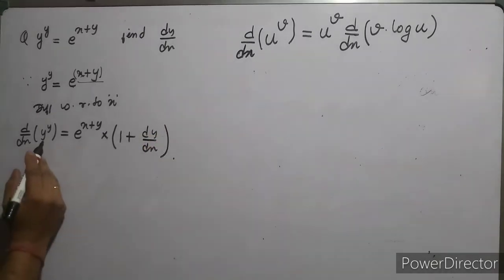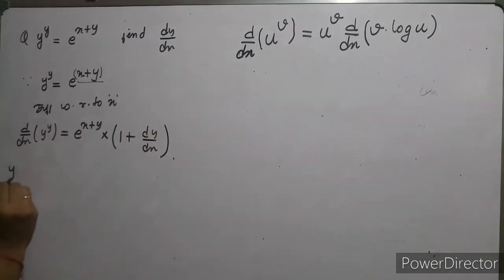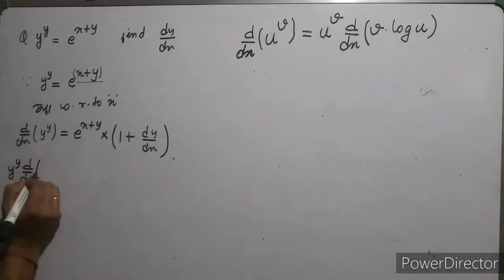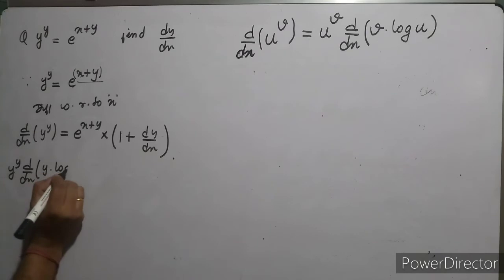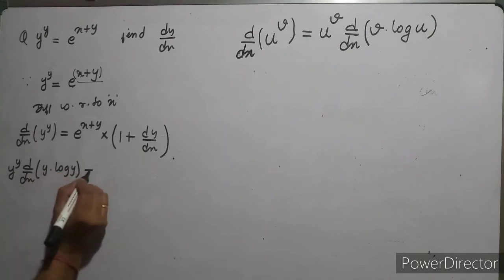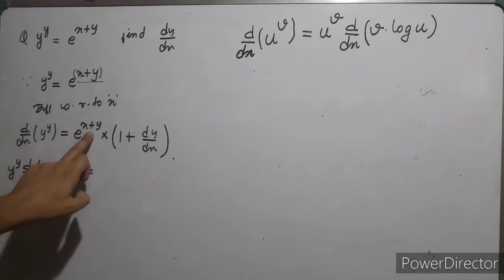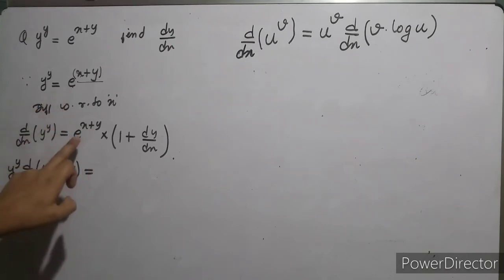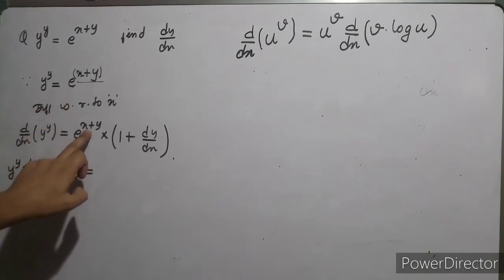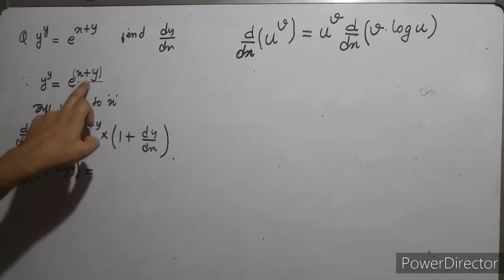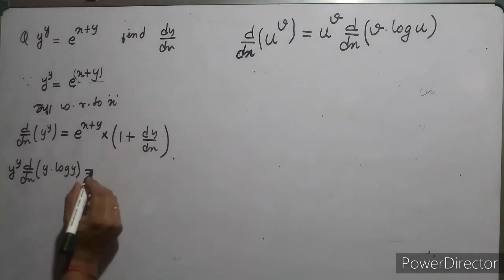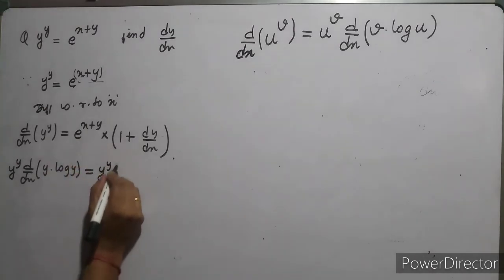Now then y to the power y means how to differentiate? Y to the power y dy by dx of y into log y equals to, now in place of this e to the power x plus y, from the question we can write e to the power x plus y, so in place of this we can replace it by y to the power y.